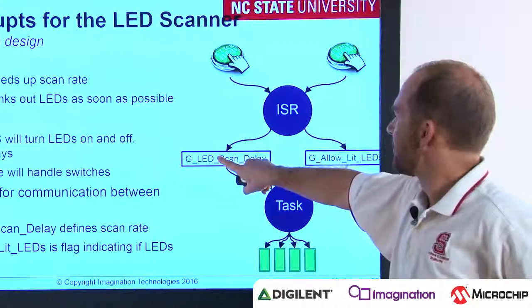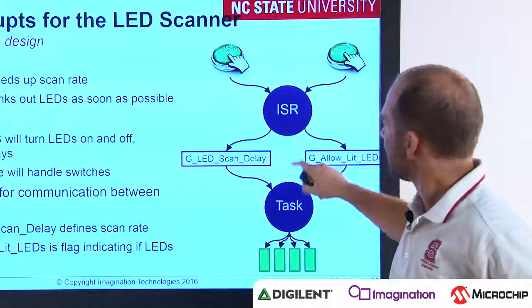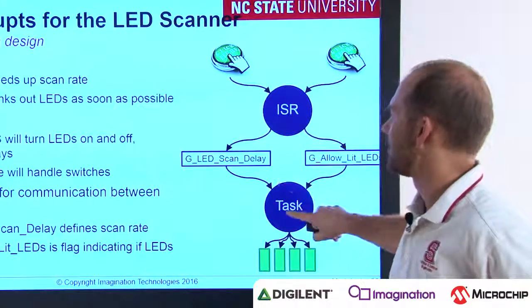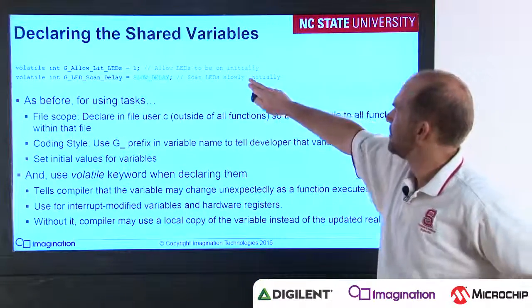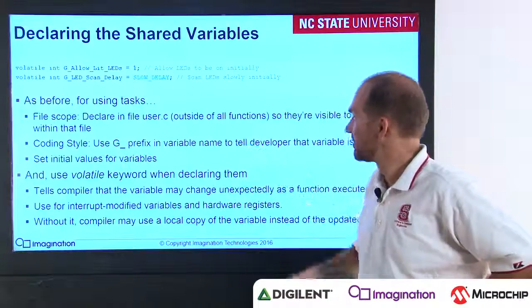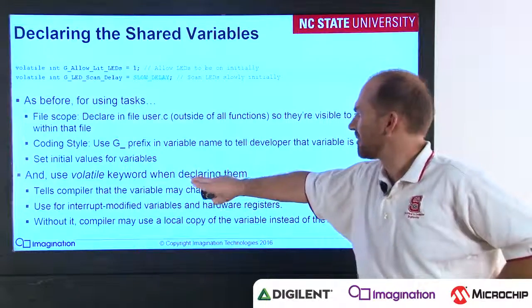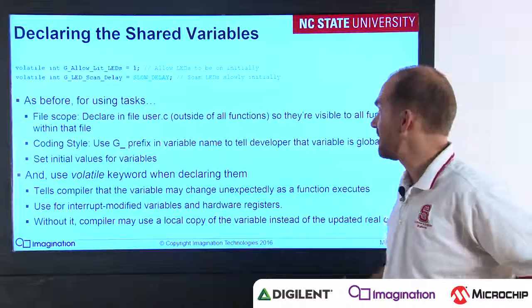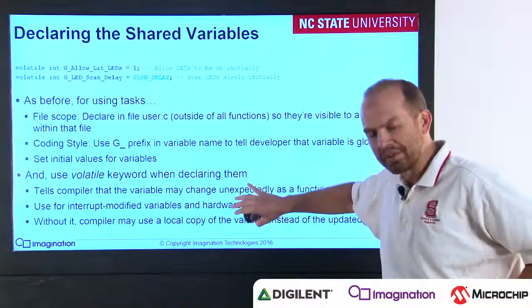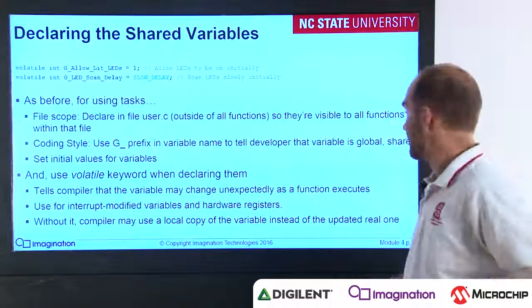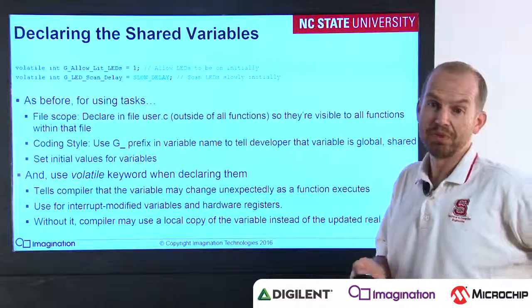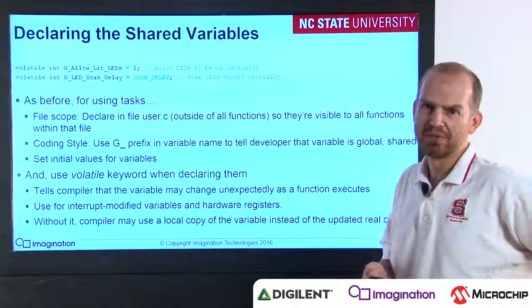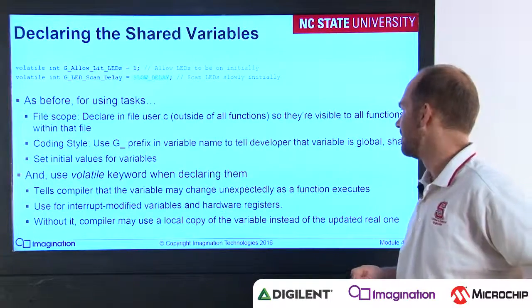And we will still use the same shared variables to communicate between the ISR and the task. So we discuss how to declare shared variables again, and we point out the importance of using the volatile keyword to make sure that the compiler generates correct code for these variables that are shared between an interrupt service routine and the mainline code.